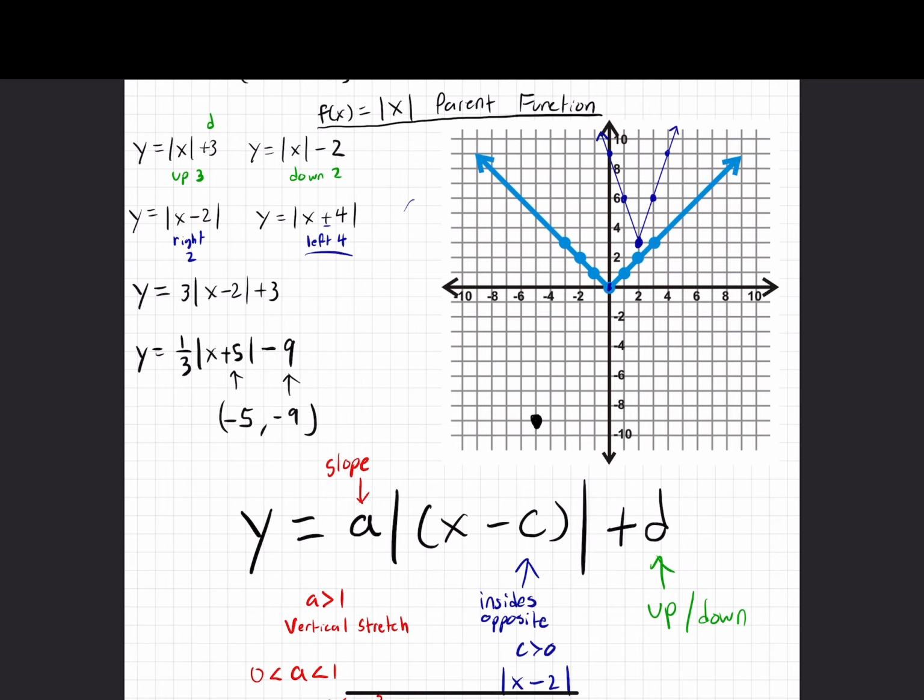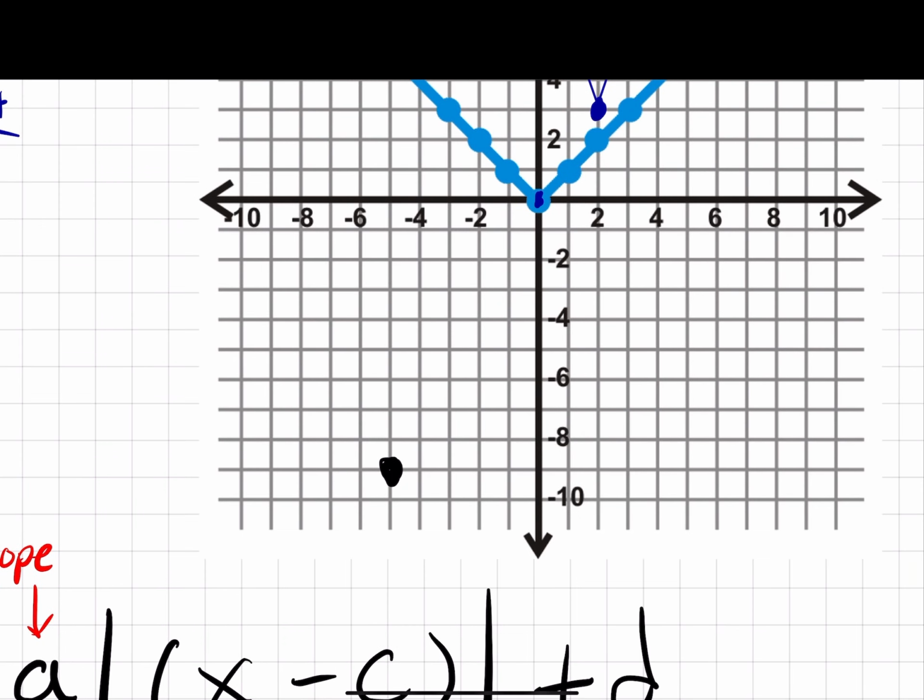And then from there, I would use the slope, our vertical stretch or compression, which, because it's less than 1, 1/3, it's a vertical compression of factor 1/3, which is a fancy way of saying its slope is just up 1 over 3. So up 1 over 3, up 1 over 3.